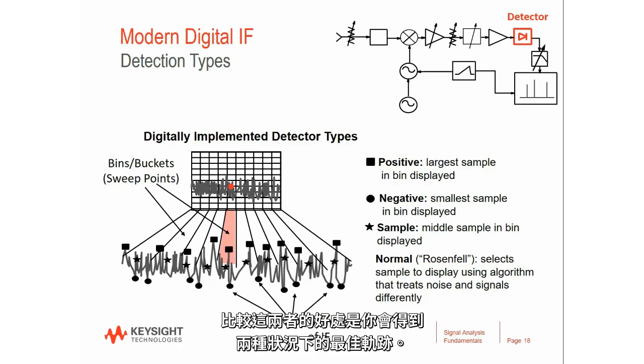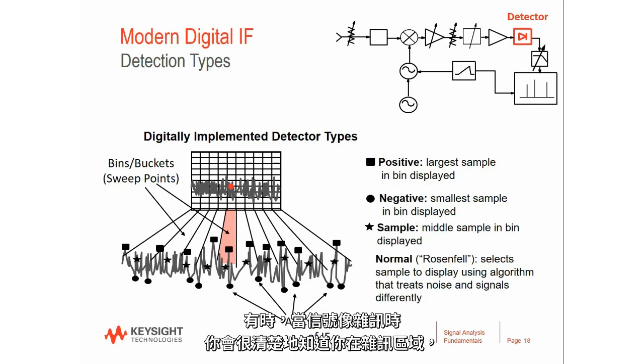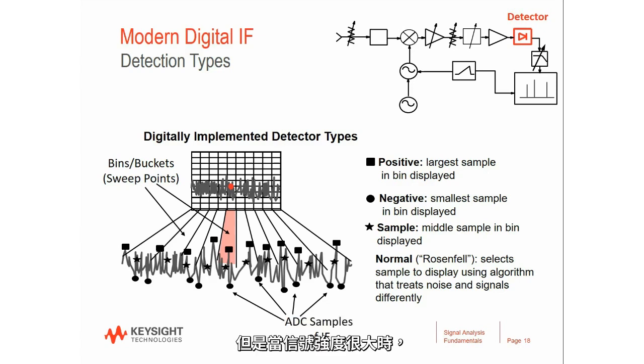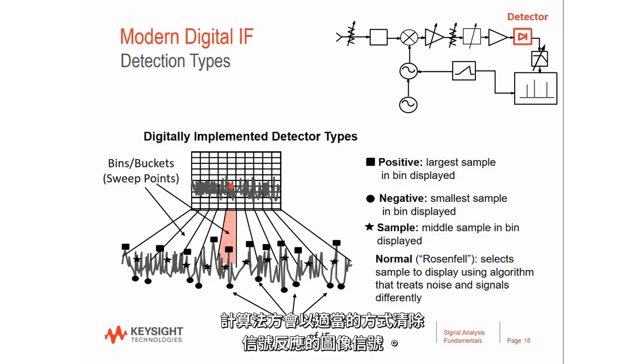So the benefit of that is that you get a trace that has the best of both worlds. When the signal is noisy, you'll get a trace that tells you clearly that you're in the noisy domain. But when there is a strong signal present, then the algorithm will help paint out the picture of that signal response in a way that's appropriate for signals.